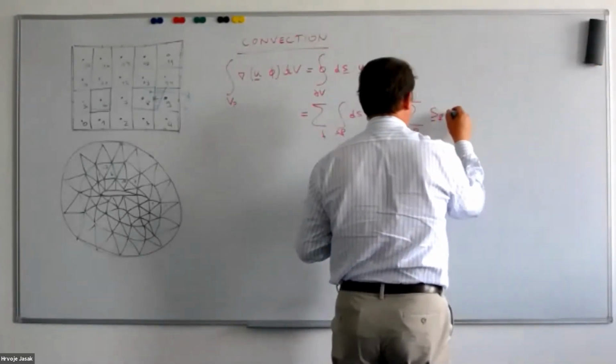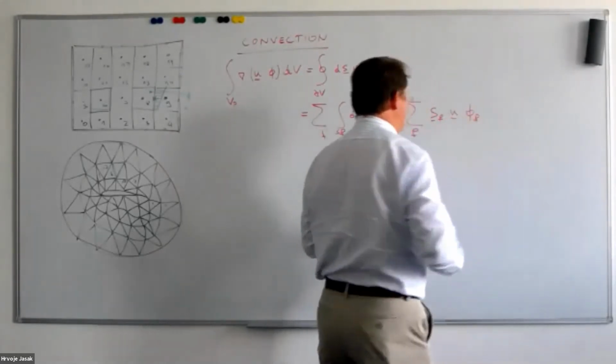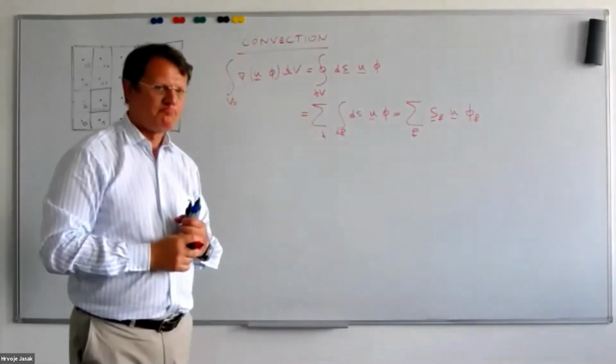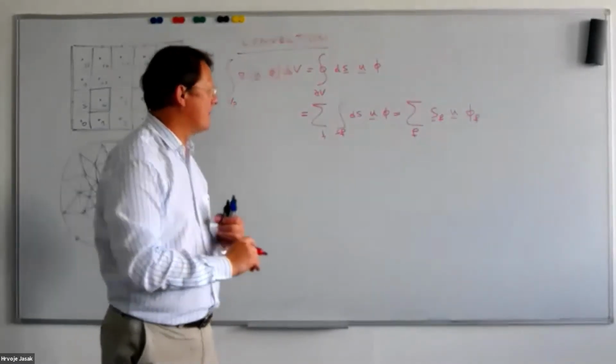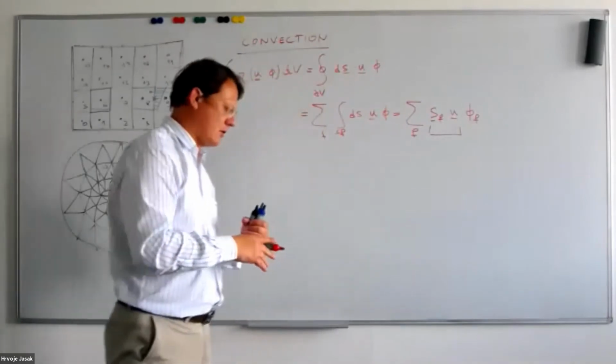So what we have here is the dot product of SF and U.